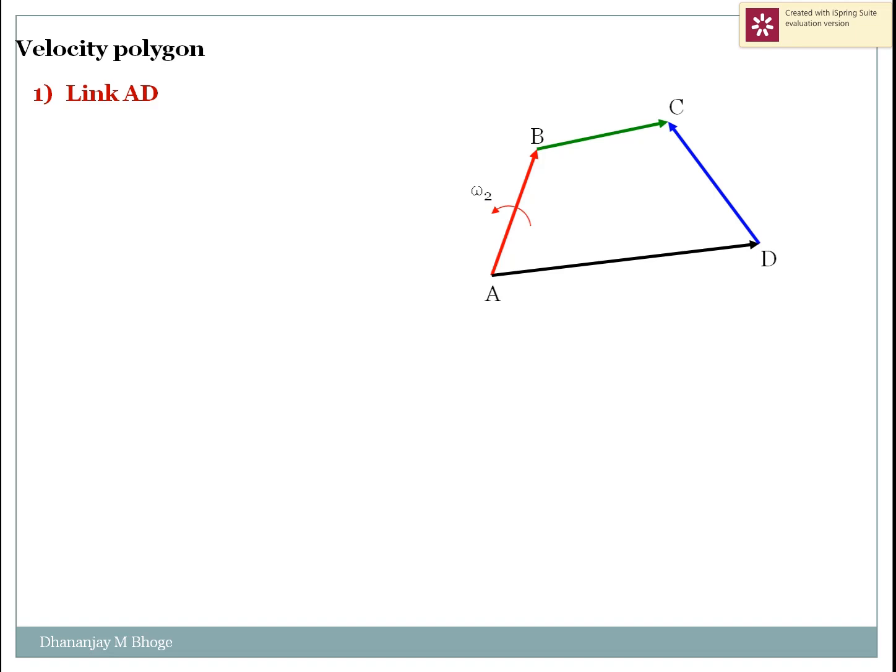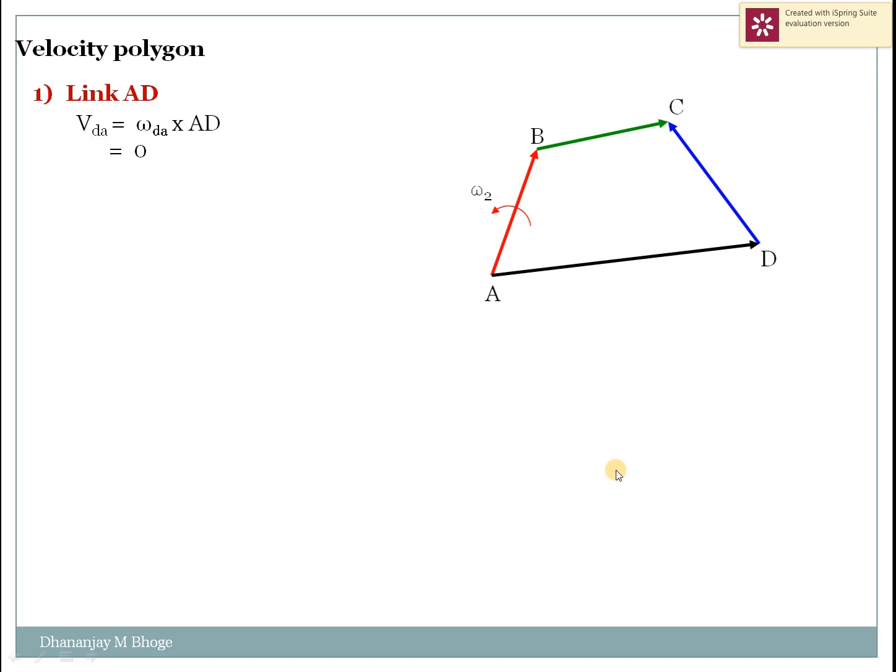Now for this link AD, we will assume that D rotates with respect to A. So AD becomes the radius of rotation of D relative to A. Now we will determine the velocity of D relative to A, VDA, which is equals to radius of rotation AD into its angular velocity. Now for link AD, since it is fixed, its angular velocity is 0, and so the linear velocity of D relative to A becomes 0.